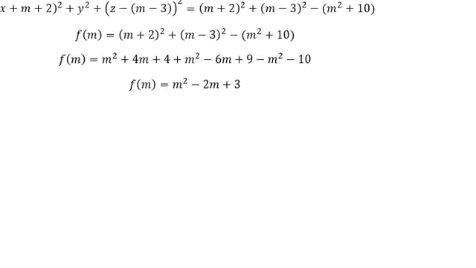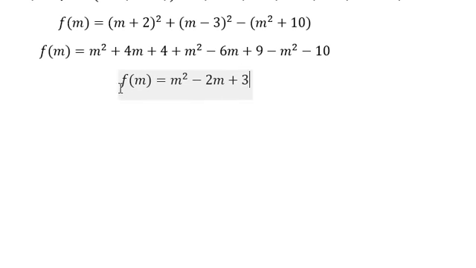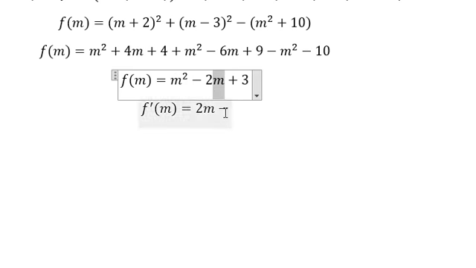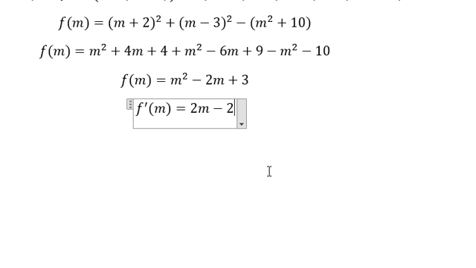And now we need to find first the derivative of this one. So this one that is about 2m. This one that is about number 1. So we have number 2.